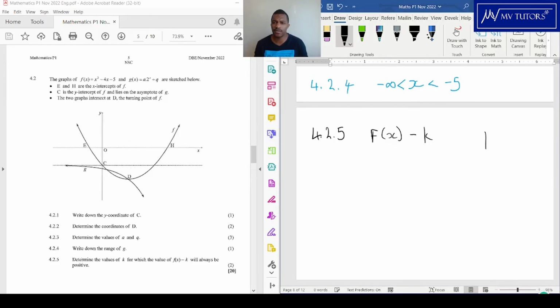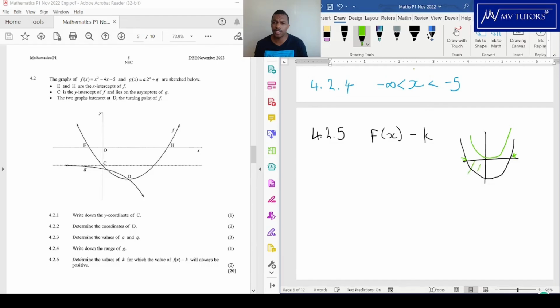It's always positive if it moves from down here and comes up there. Let me just show you. Currently the graph is down here, but if it moves up here, then the graph is always positive, because currently it is negative from this point to that point.